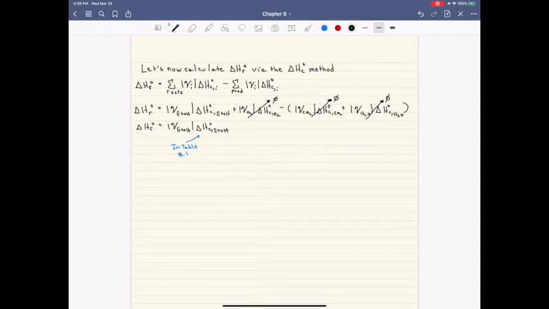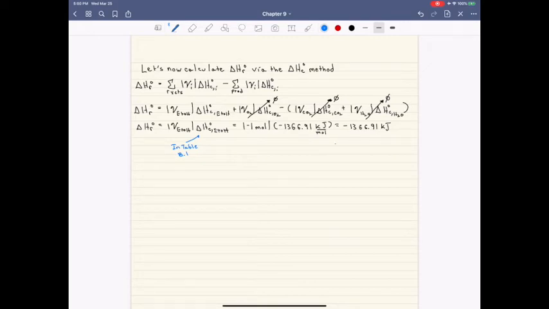If you look up the value and plug in all the numbers, you should find a value of negative 1366.91 kilojoules. I guess it's kilojoules per mole, since we're multiplying it by that. You're just multiplying it by 1, so you get the same value. So this is what our standard enthalpy of reaction is for this reaction.